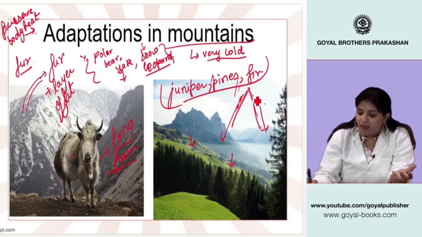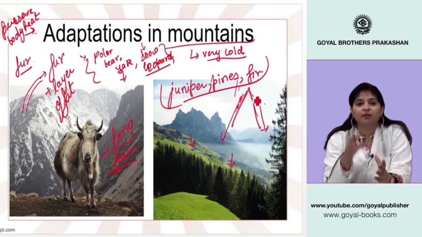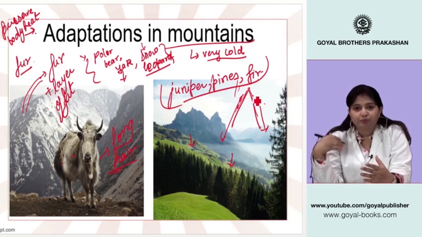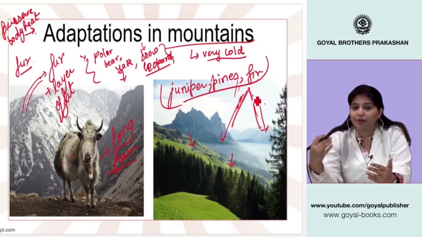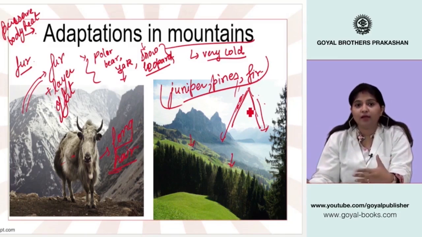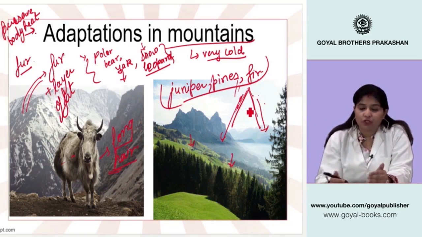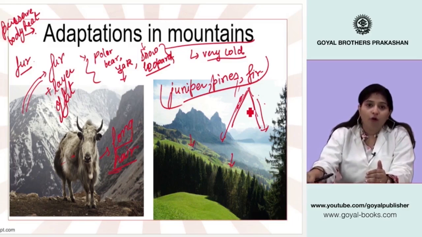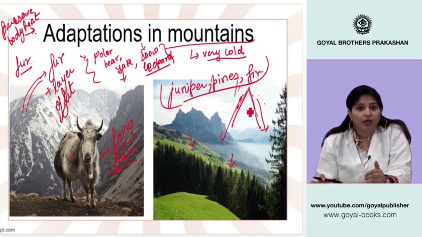So this plant will be saved from the frost, right? Also if the ice stays for a longer period of time on the plant, it will damage the plant. So these plants have cone shaped structure so that the snow falls off down onto the ground.